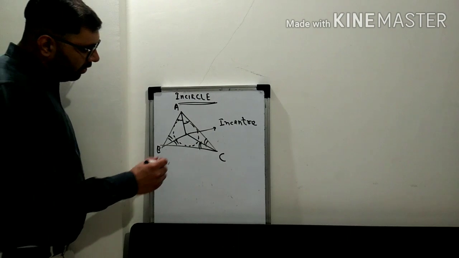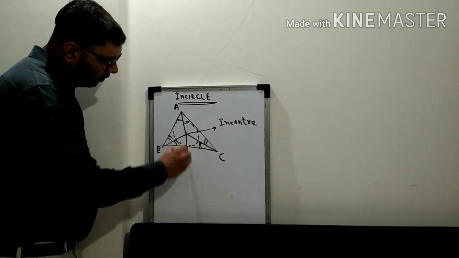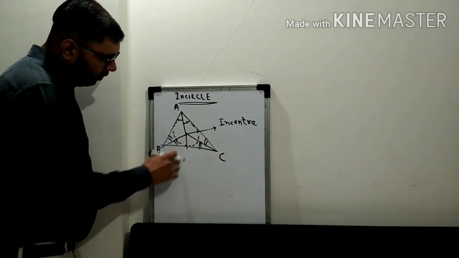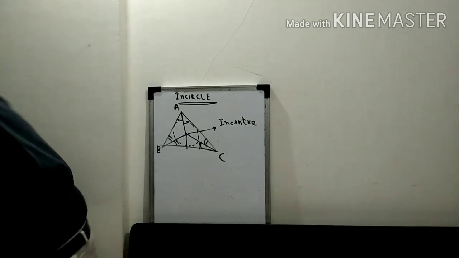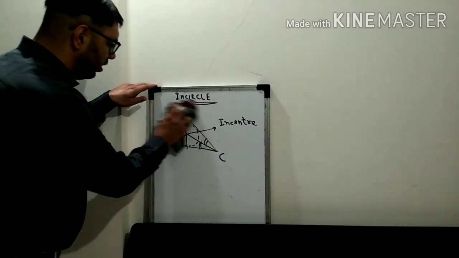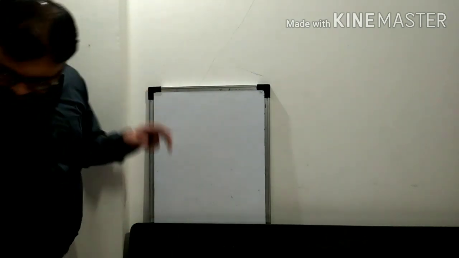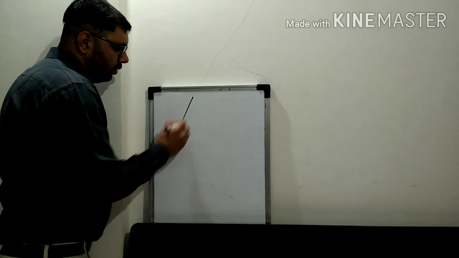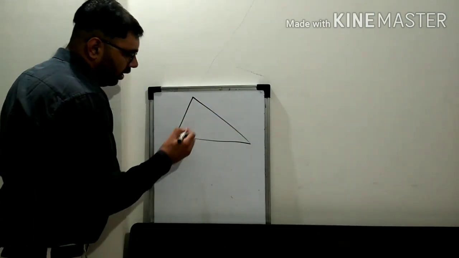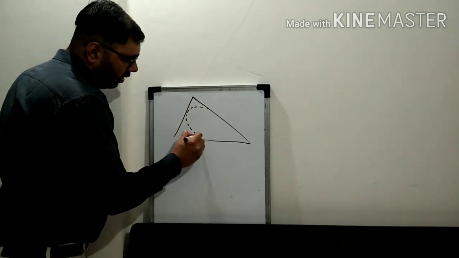Now let me draw a bigger triangle, like this, and we have this circle.